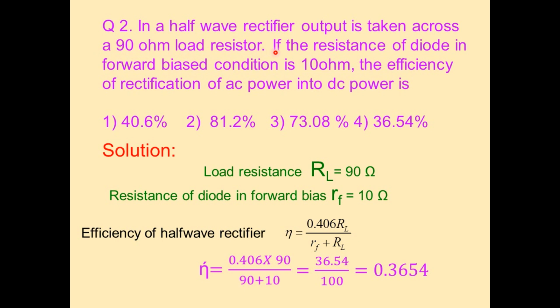If the resistance of diode in forward biased condition is 10 ohm, the efficiency of rectification of AC power into DC power is.